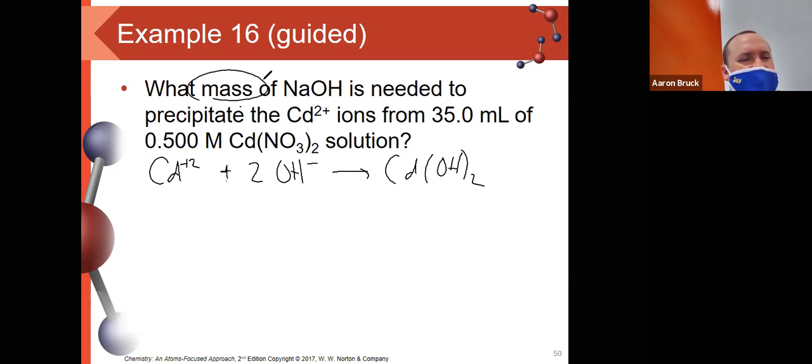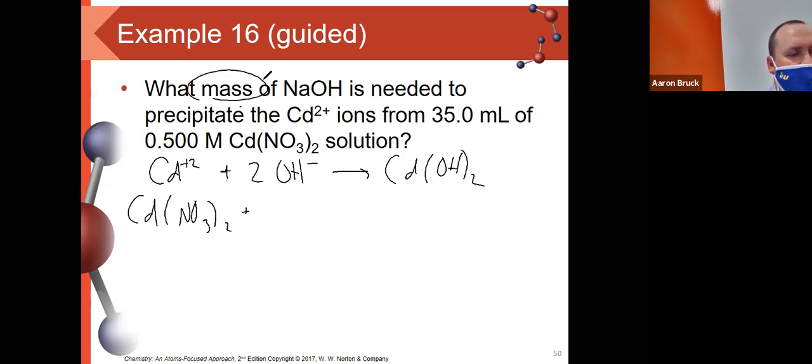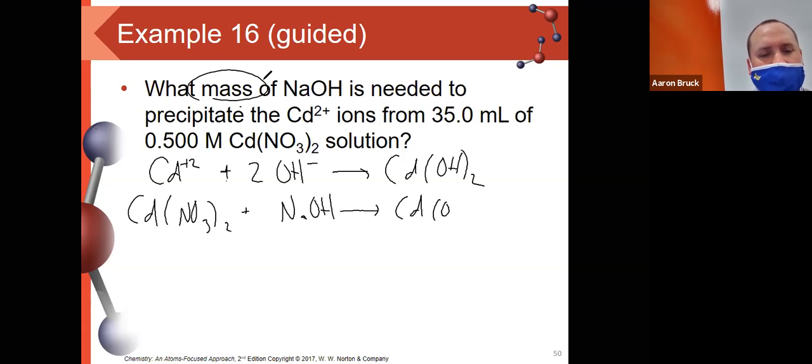How did I know that that's what it was going to be? Well, it's kind of putting together the pieces. The true reaction, we could draw this out. Cadmium 2 nitrate and sodium hydroxide yields cadmium 2 hydroxide and sodium nitrate.